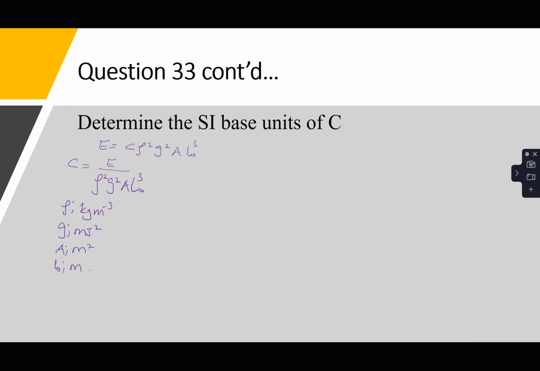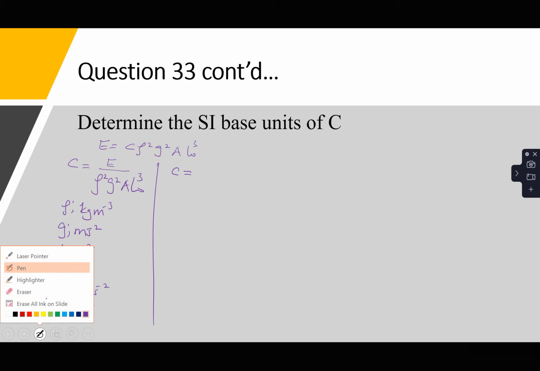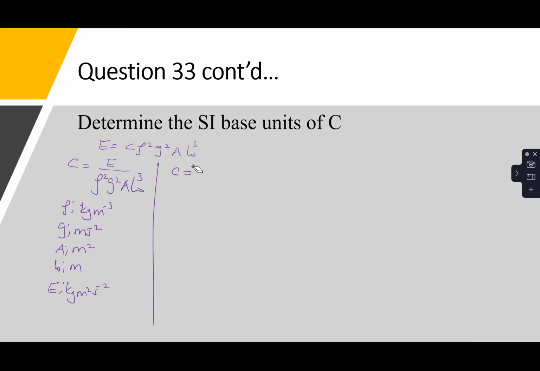E is elastic potential energy. Energy has units of kilogram meter squared per second squared. We have already established that. So now let's find the base units of C. C is going to have base units as, I don't want to put equal signs on base units, so I will rub off the equal signs.